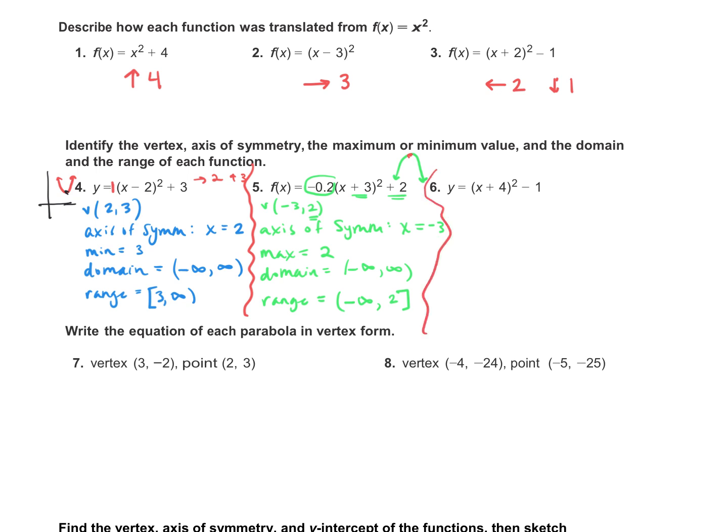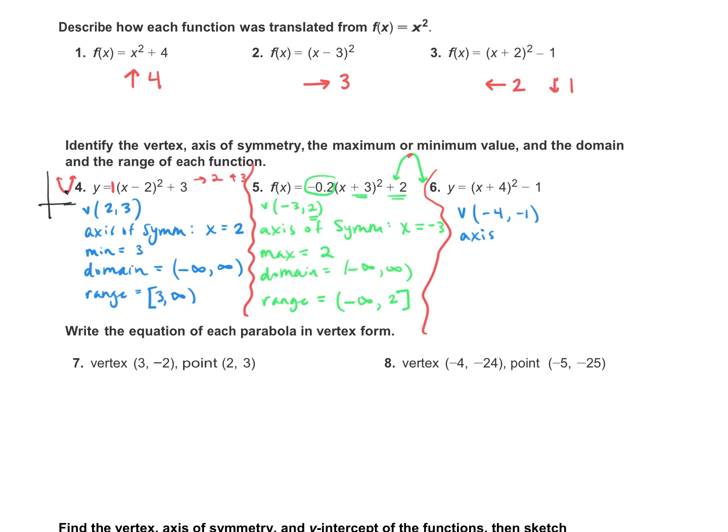All right, last one for this section. Our vertex, we can see that x plus 4, so we went to the left 4 and down 1. So left 4, -4, down 1, -1.